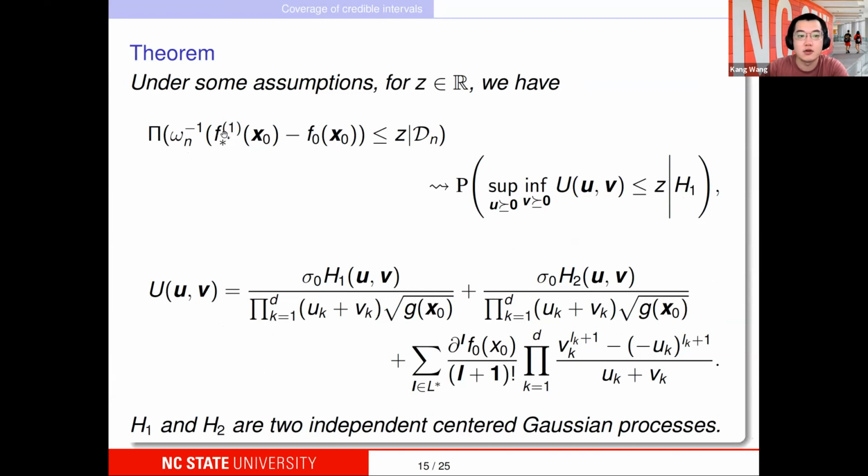Remember f star 1 is the immersion posterior using the first immersion map, and U is a Gaussian process of this form, where H1 and H2 are two independent centered Gaussian processes, and there is also a drift term, divided by the volume of the hyperrectangle from the lower left corner to the upper right corner, u and v.